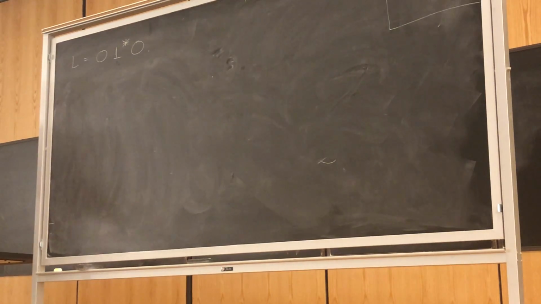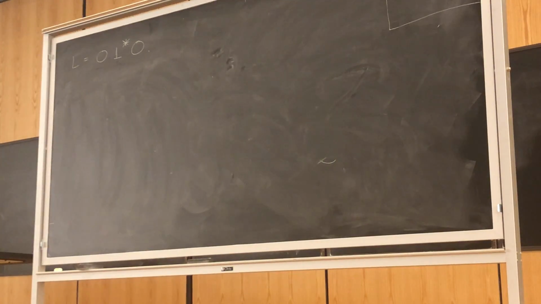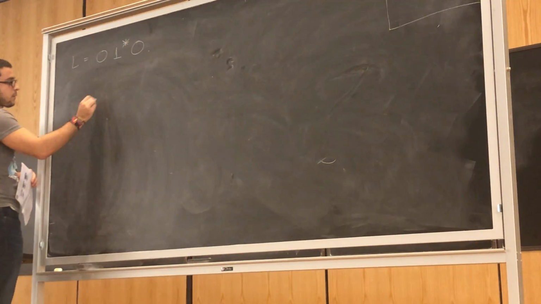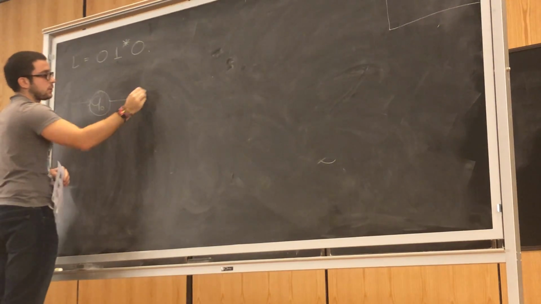So this is something extremely trivial that you don't need a Turing machine to recognize, right? We could draw a single DFA with an input of 0.